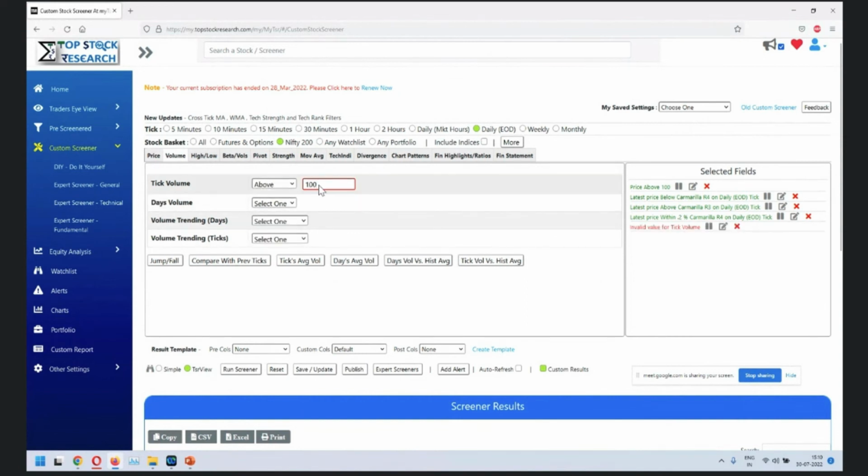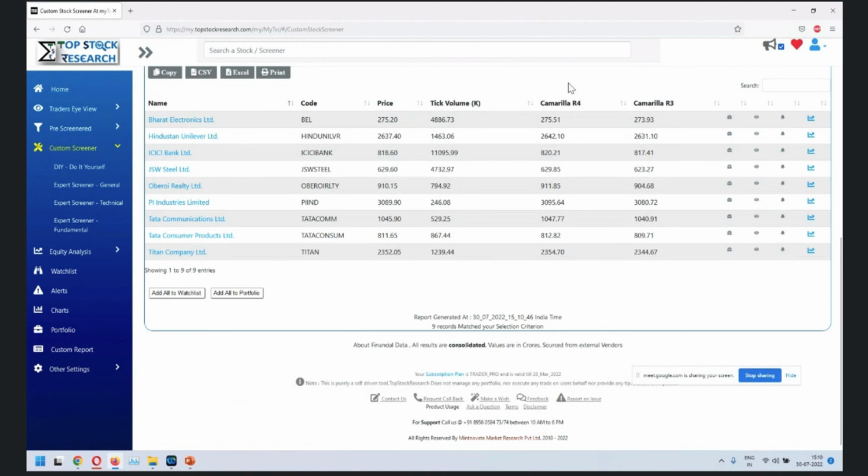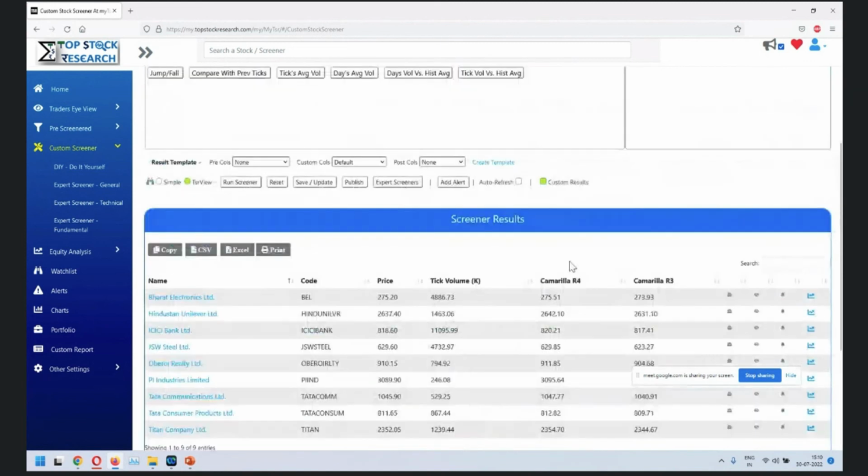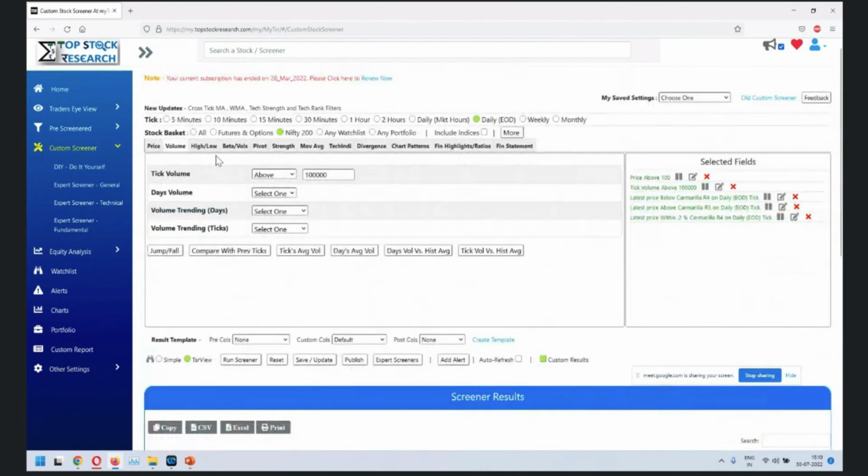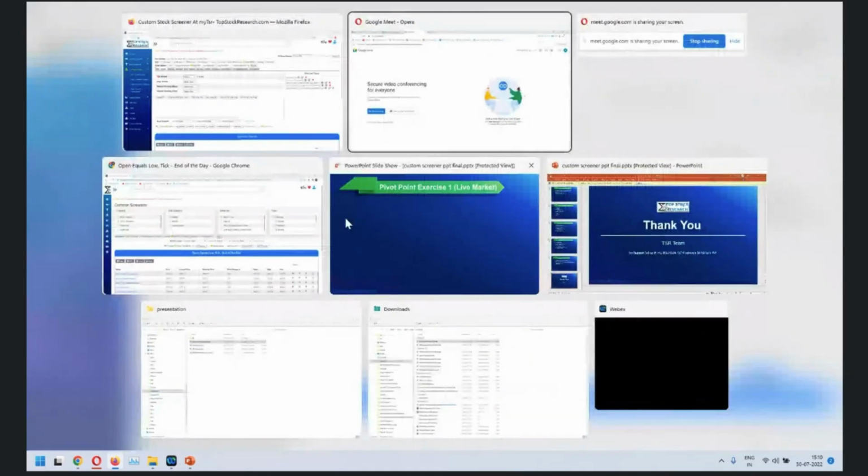You want at least 100,000, 1 lakh stocks, so you can keep on adding criteria, and then the criteria gets revised accordingly. So that's pretty much about creation of a strategy using price, volume, and pivot points.